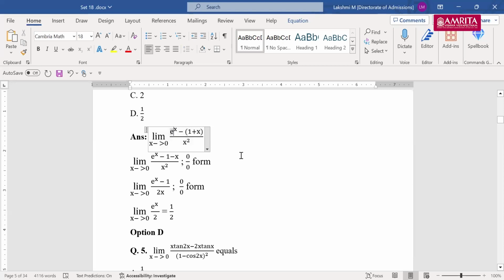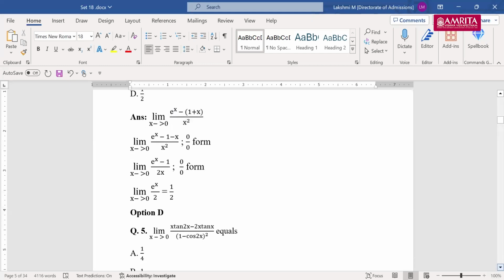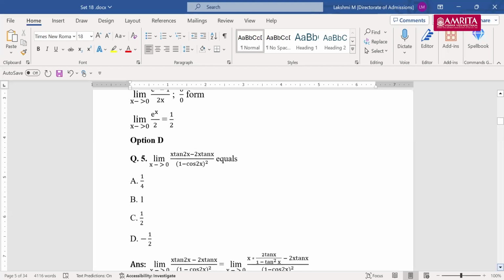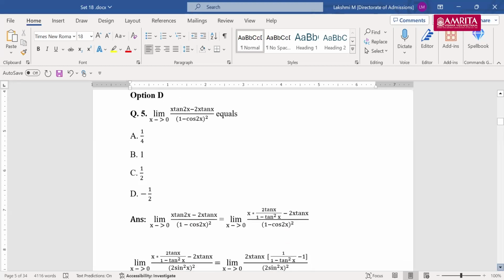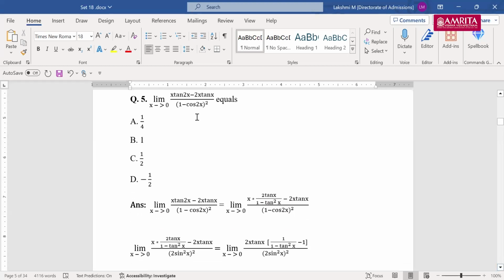You can remove the terms, form the series, and then solve this. There are different methods to solve a question. The two most famous methods in solving this question are writing the series of a raised to x and solving, or applying this rule.